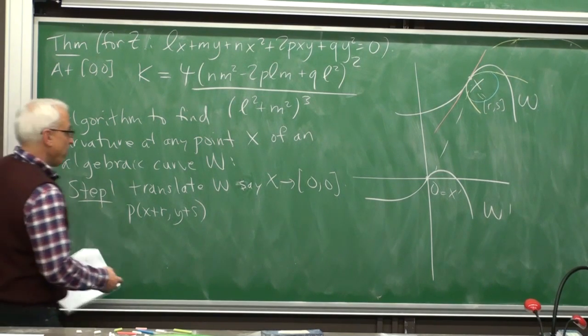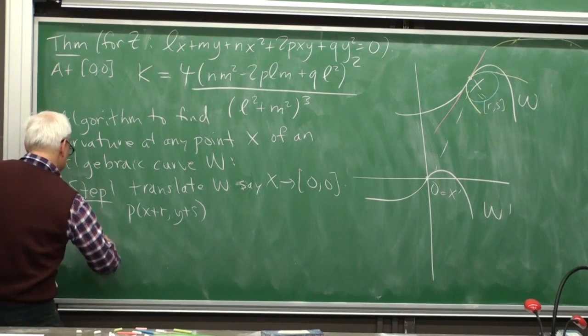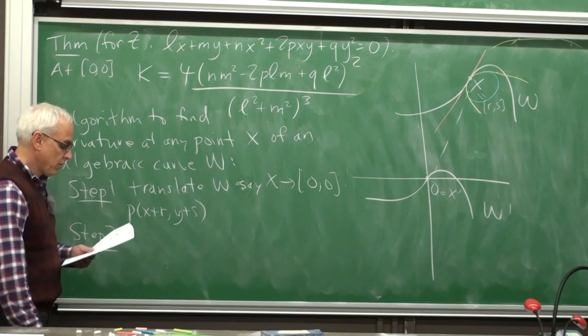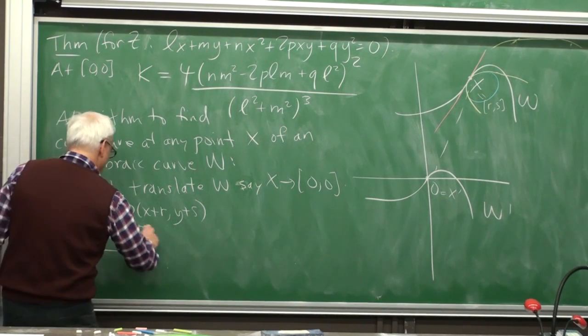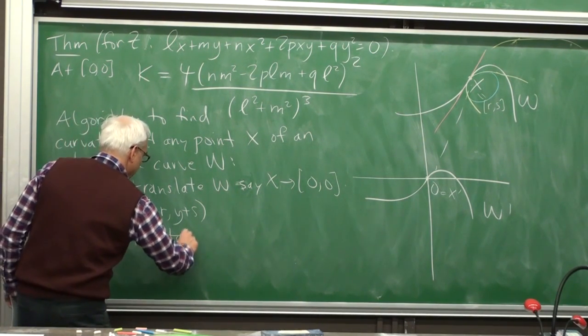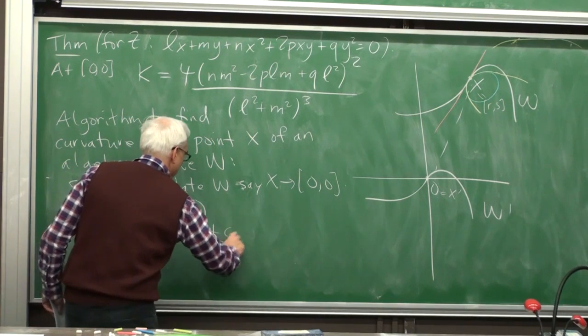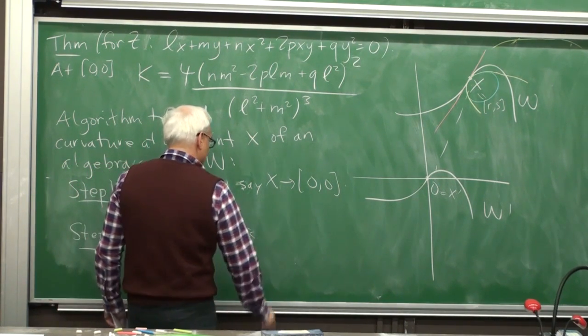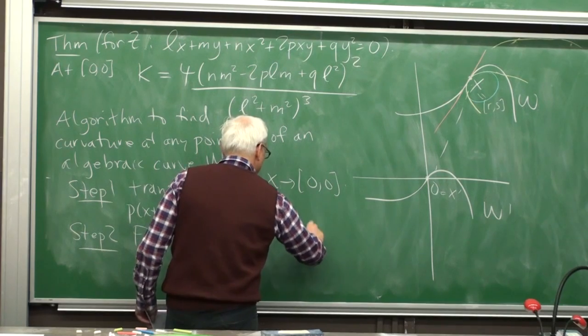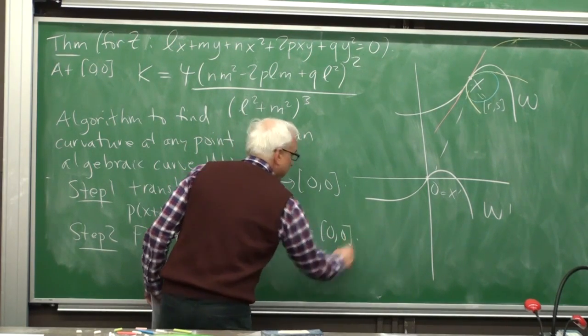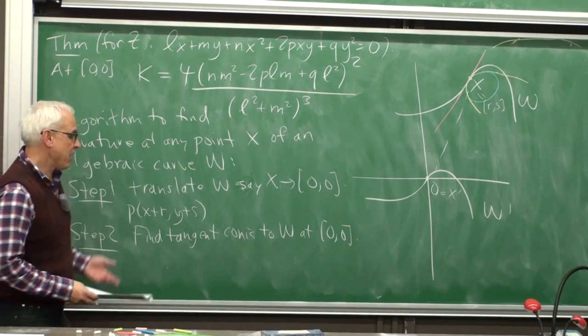All right, step 2 is to find the tangent conic to W at the origin. And that's now very simple.